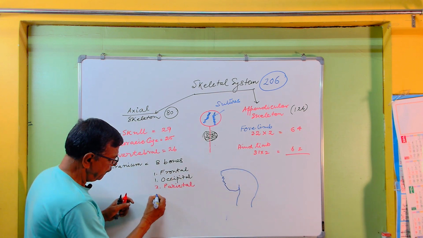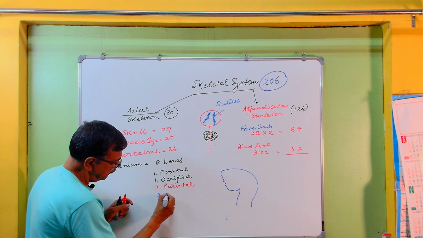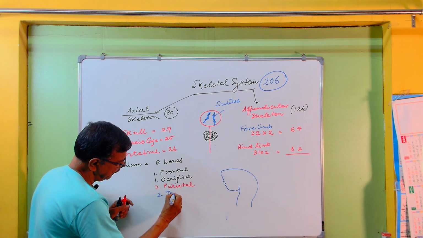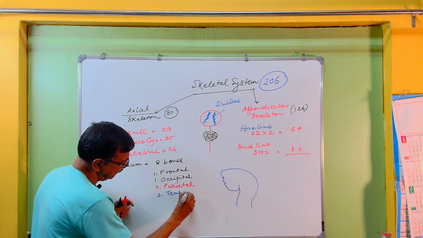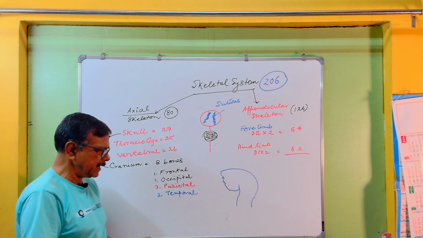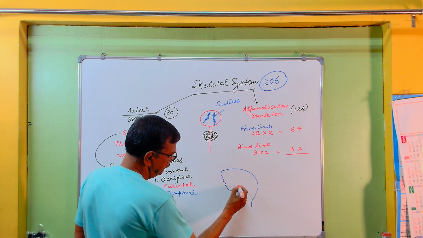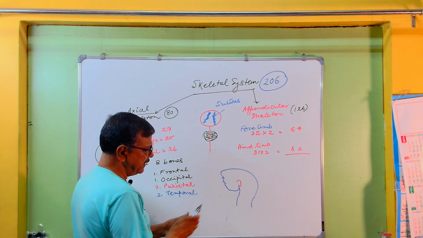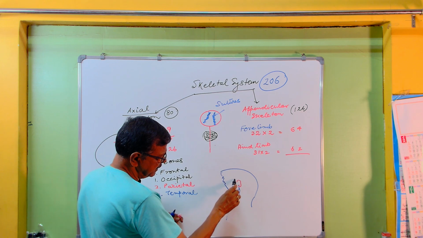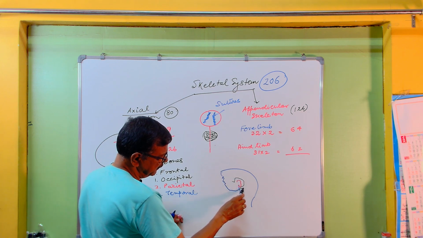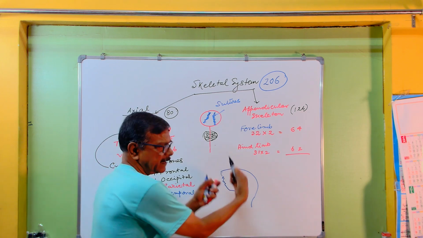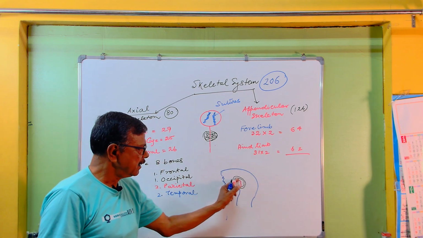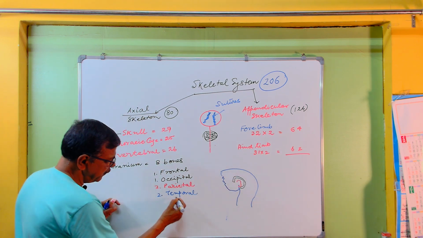Where are the two temporal bones? Two temporal bones are there. Here are the ears. So around the ears, there is one bone on this side and on that side also. So this is known as temporal bones.